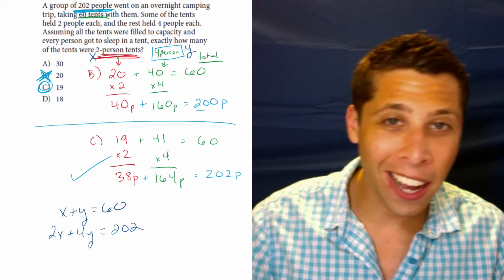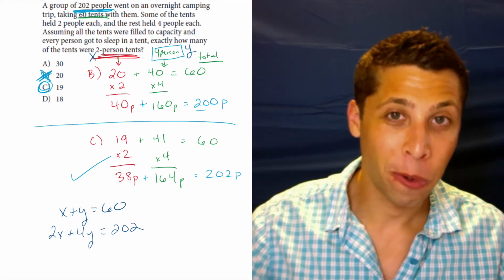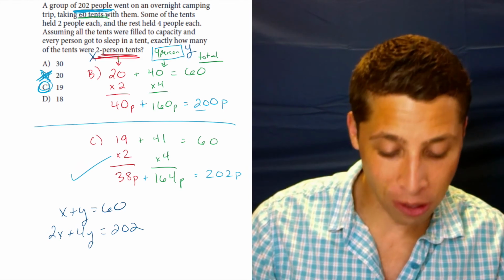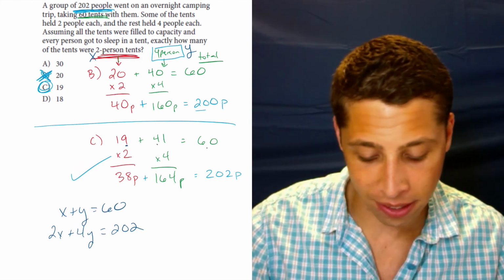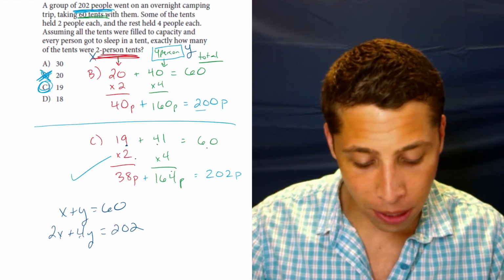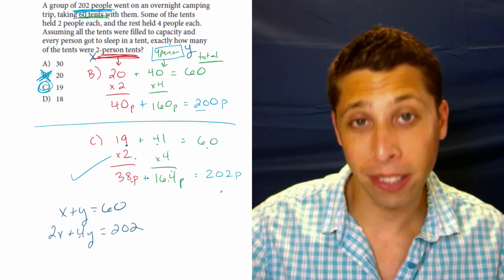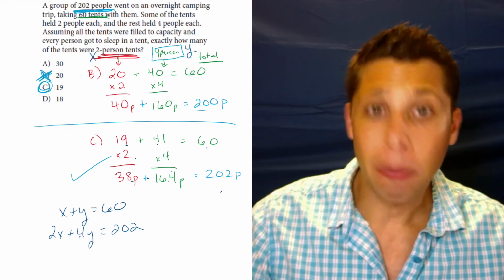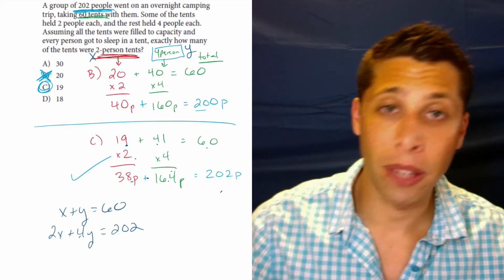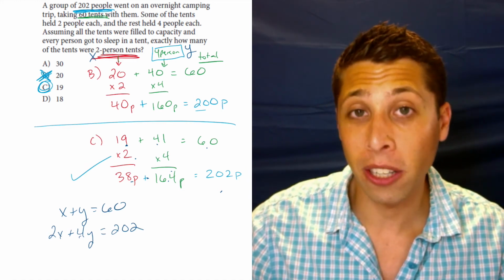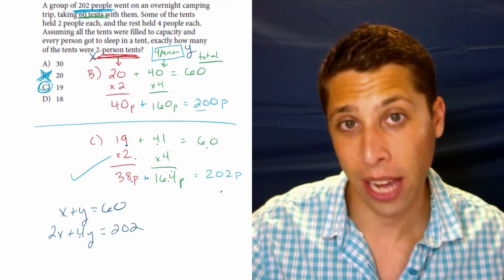And notice it kind of matches with what we're doing with the numbers, right? So we're adding 2 numbers together to get 60. We're multiplying by 2 and 4, and then we're adding those 2 numbers to get 202. It's parallel. But for some people, taking it one step at a time with guess and check is much easier than taking it all at once and using algebra.